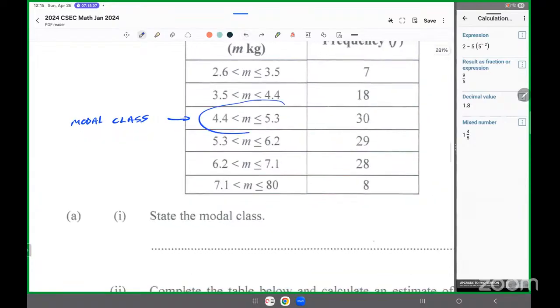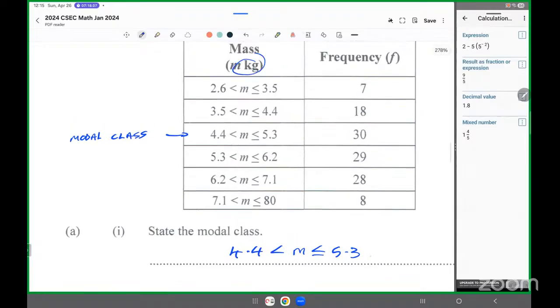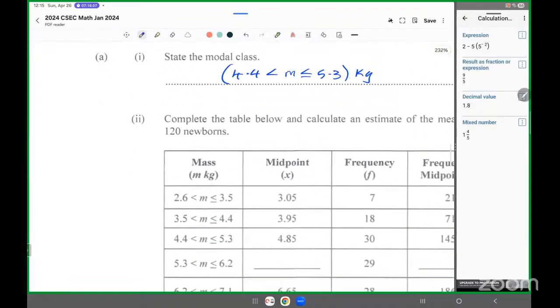So we're going to write this out. It's 4.4 less than m less than or equal to 5.3. That's all in kilograms. Make sure you state that it is in kilograms as well. Put the kilograms on it. That's the modal class. All right. Good. Next one.